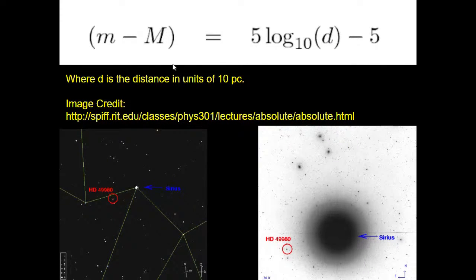Then you can see m minus capital M will become 0. So both apparent magnitude as well as absolute magnitude are dimensionless. Is that clear, Nancy Chanu?